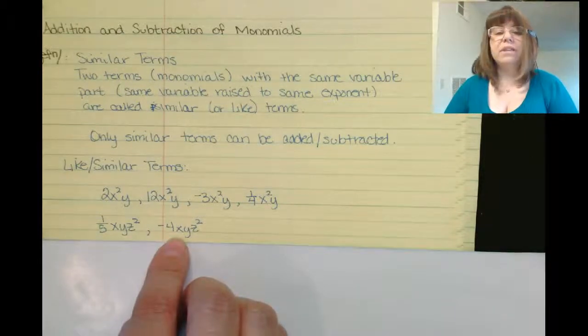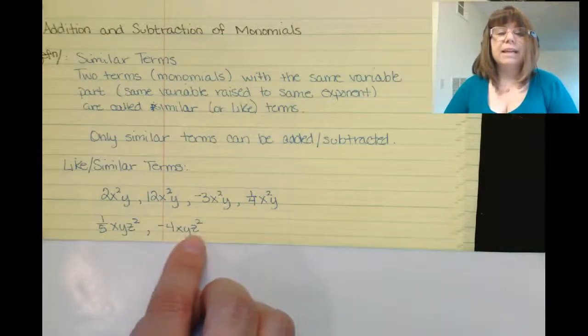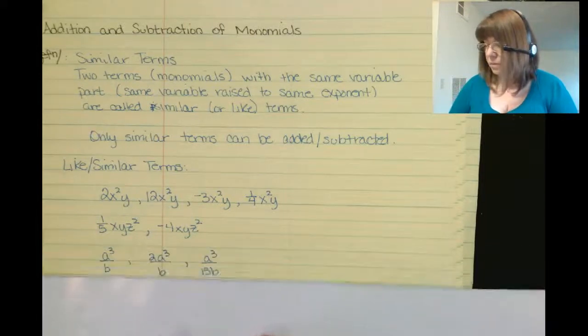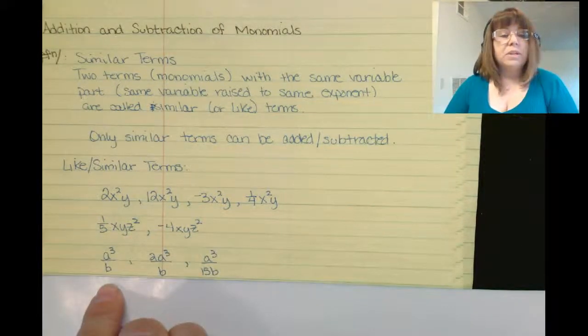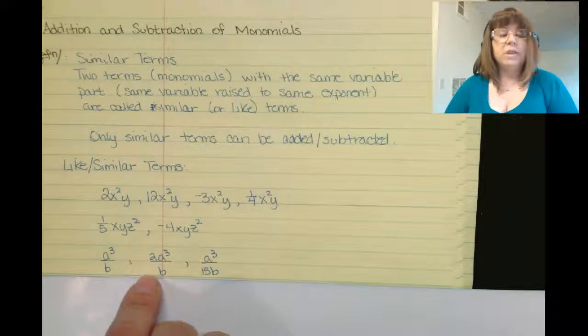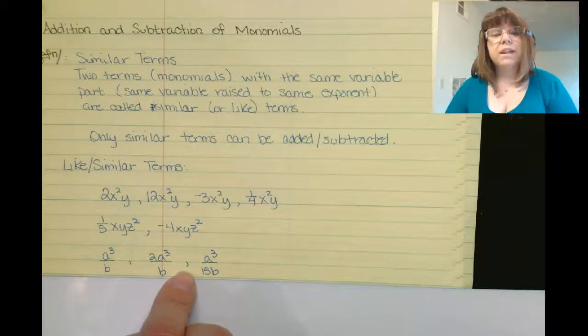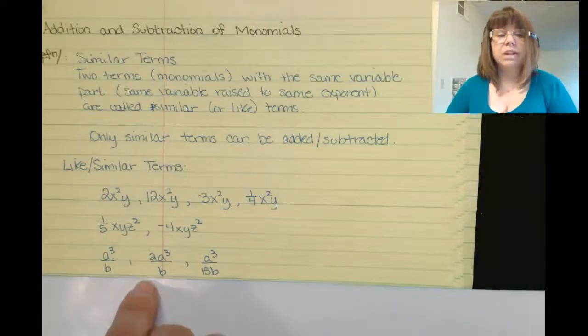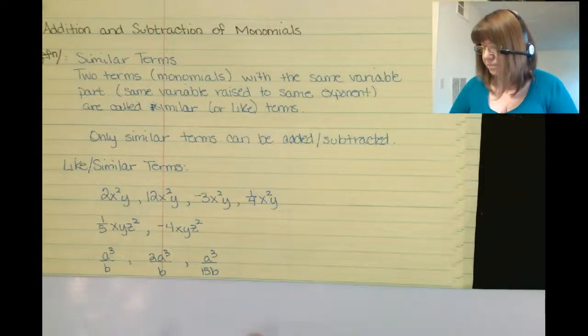Again, they both have the variables in common, so x, y, z squared is what they have in common. They are like terms. A cubed over b, 2a cubed over b, a cubed over 15b. These are all like terms. They all have the a cubed over b in common. I understand the coefficient is not the same, but that's not what we're looking for to be like terms. What we're looking for is that the variables with the exponents are exactly the same.